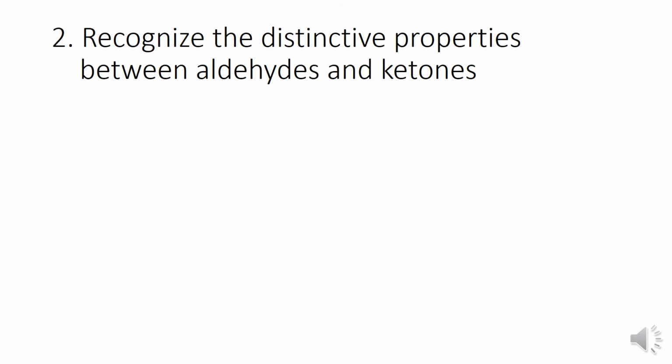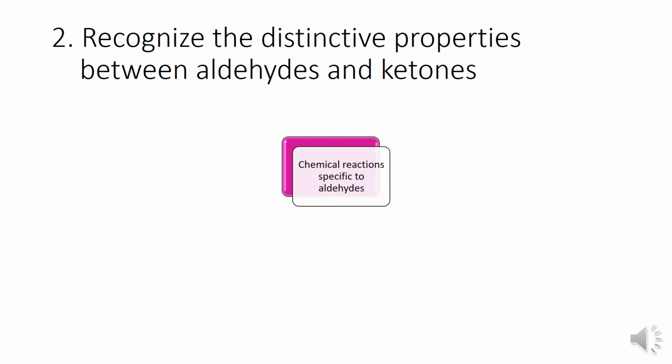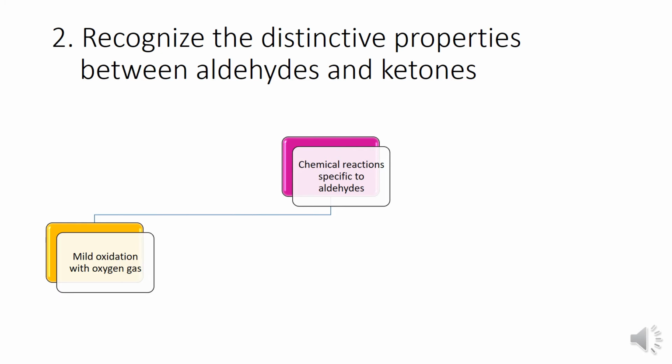To recognize the distinctive properties between aldehydes and ketones, there are several tests or several reactions. Let's see them. Chemical reactions specific to aldehydes only. What are these chemical reactions? Mild oxidation with oxygen gas.